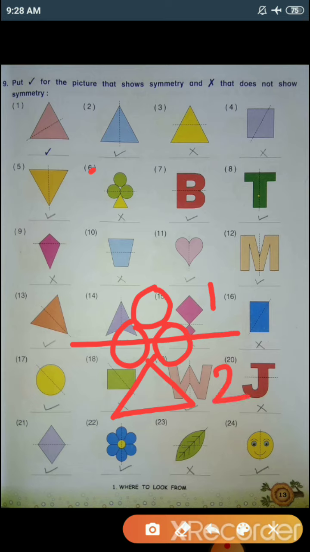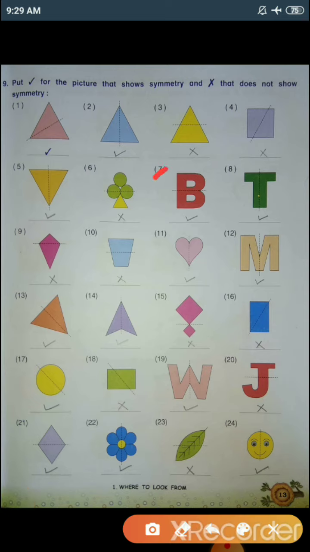We can see that part 1 is not same as part 2, because in part 1 we can see one circle, but in part 2 there is no circle shown. Here one triangle is shown. That is why this shape is not included in symmetry.